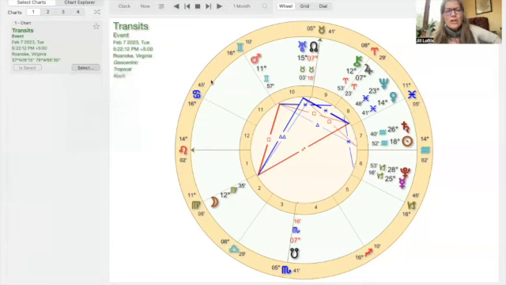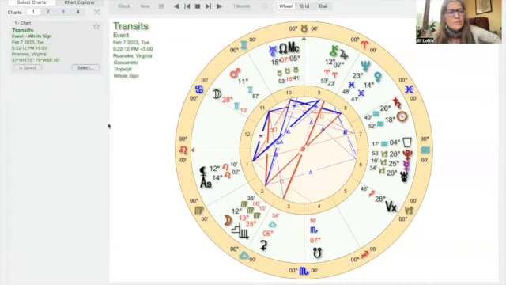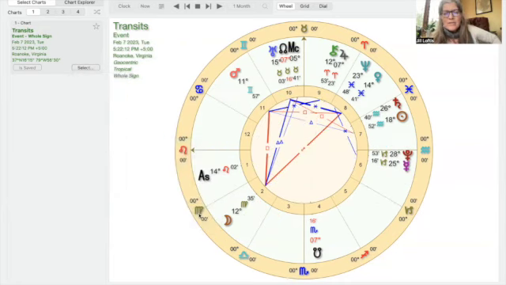So let's edit the chart and we're going to switch it up to whole sign houses. Update. I got to change it so it's not displaying all of my asteroids here. Here we go. Now, can you see how this has changed the way that everything is configured, right?